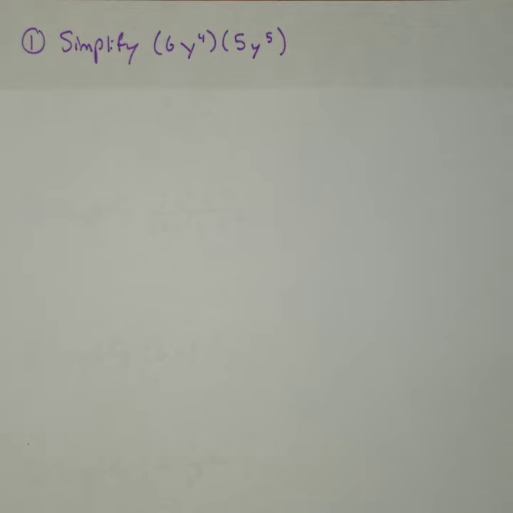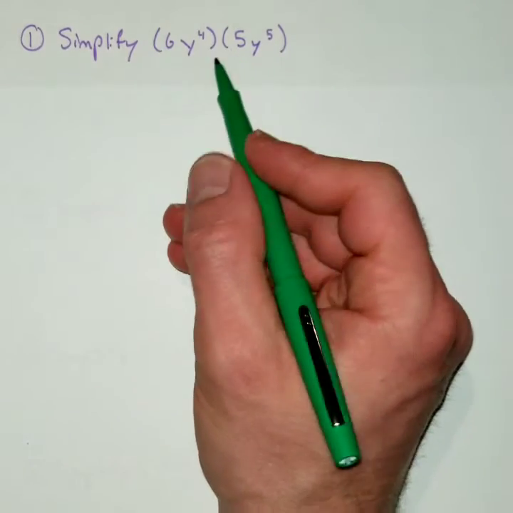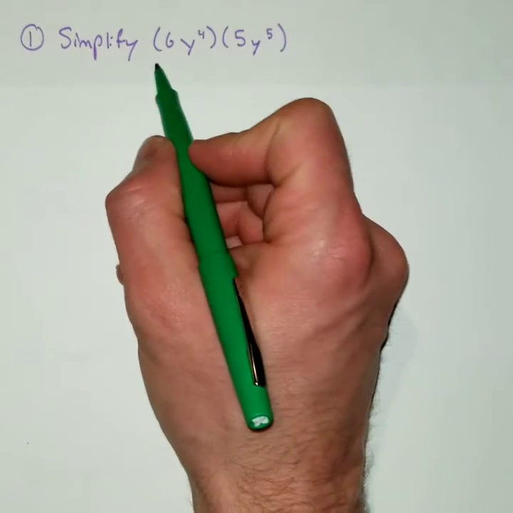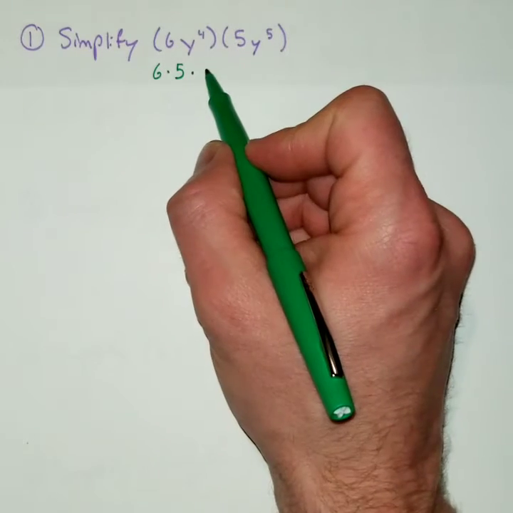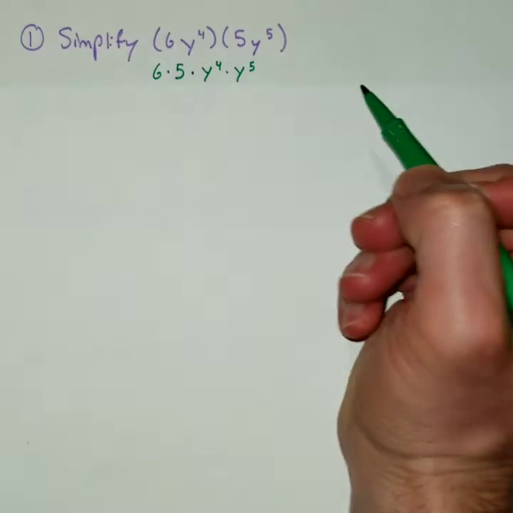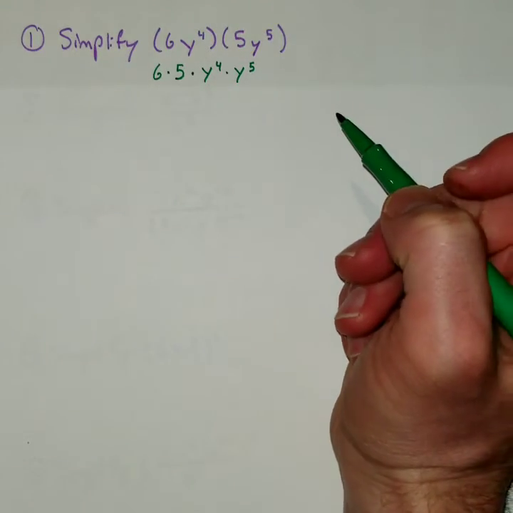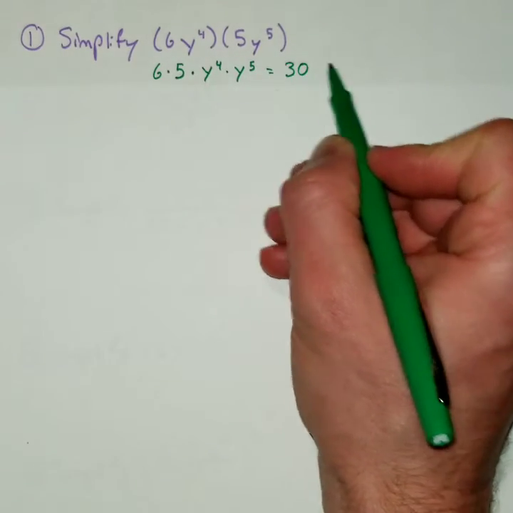To do this, because everything is a multiplication, I can rearrange the factors so that I'm multiplying the constants and the y's together. Now 6 times 5 is equal to 30.